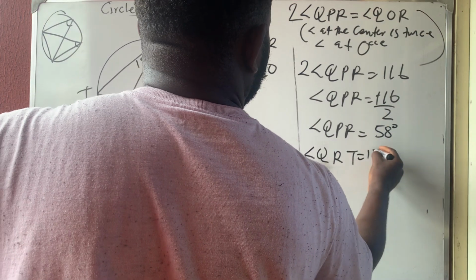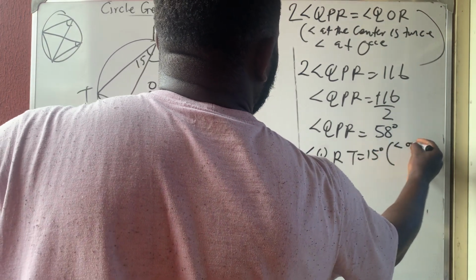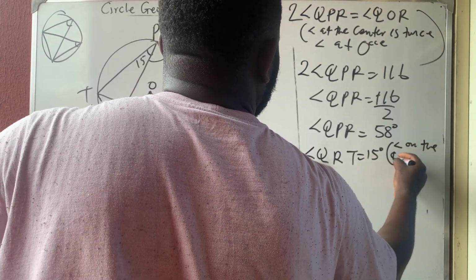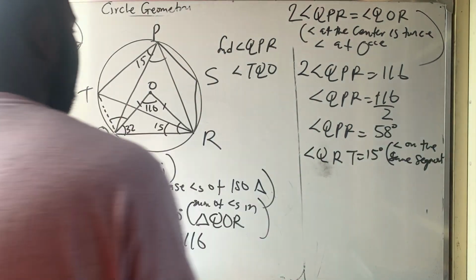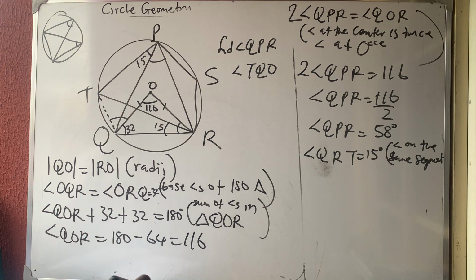angle QRT is equal to 15 degrees. What is my reason? Angle on the same segment. So if you have that place is 15, how is it going to help us to get what we are looking for now?